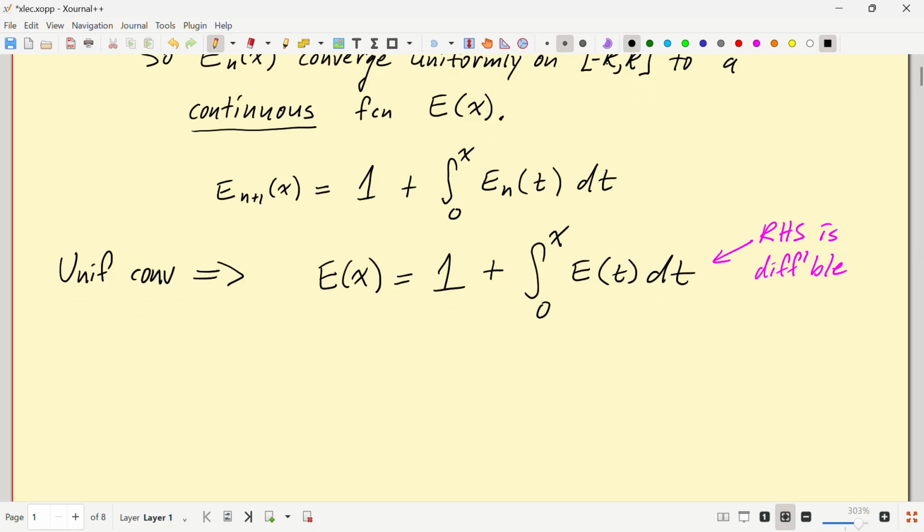So we conclude that E of x is differentiable.